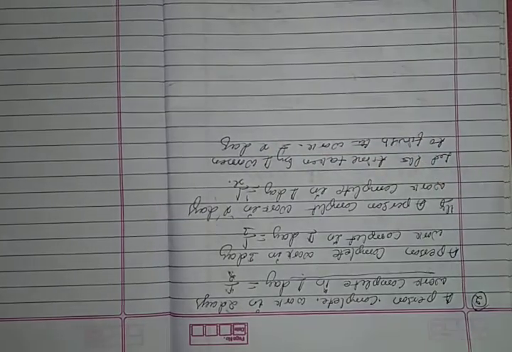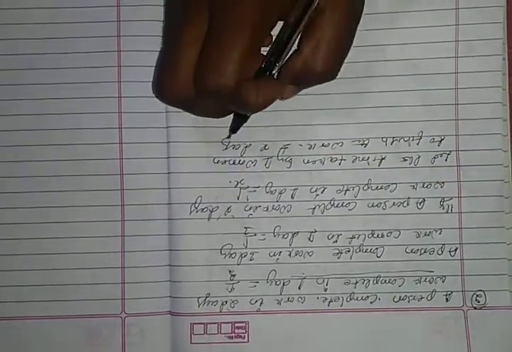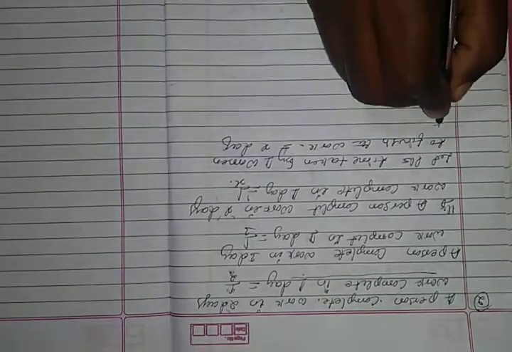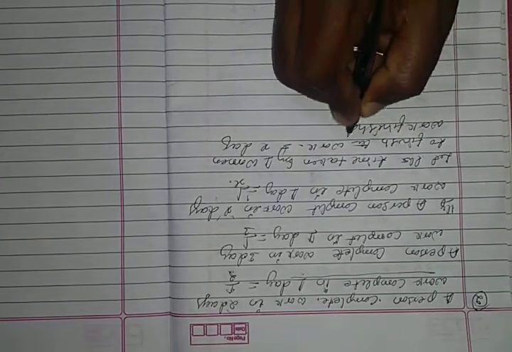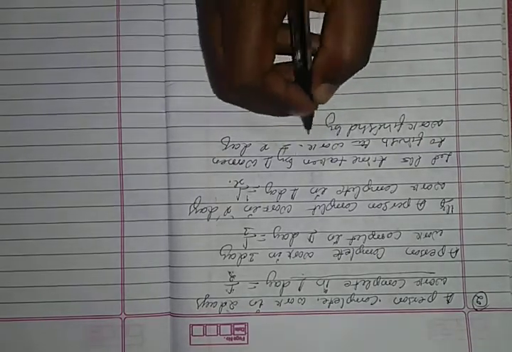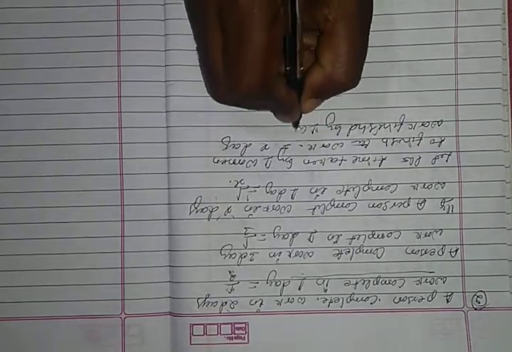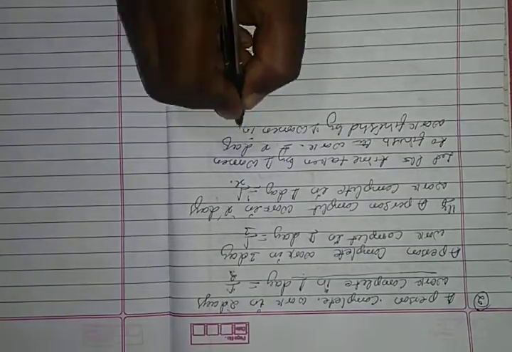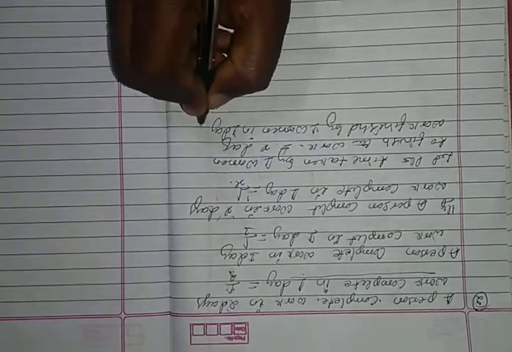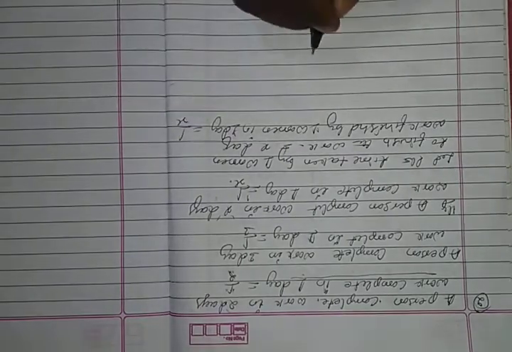Because 1 woman, so they gave 2 women, so 1 woman's time is x days. Next one is work finished by 1 woman in 1 day is equal to 1 by x.